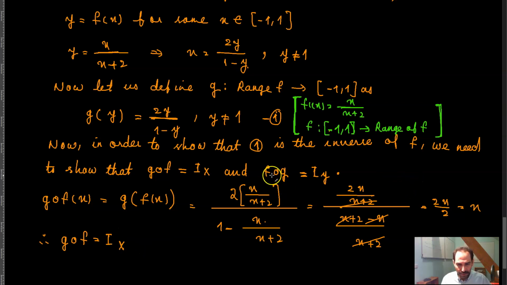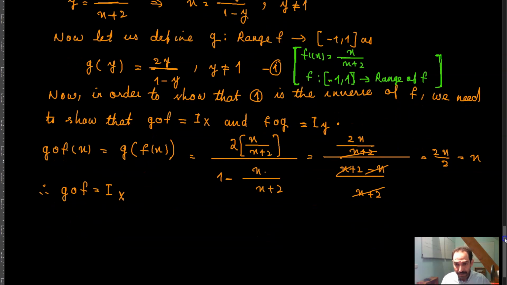Now, I also need to show that FOG is equal to I of y. And so FOG of y is the same thing as f of g of y, right? And g of y is this function here, f is this function here.